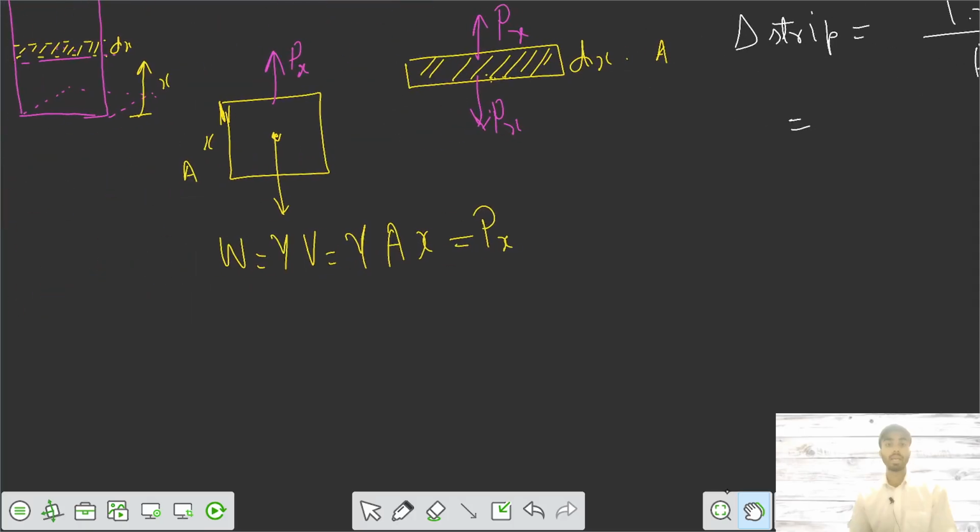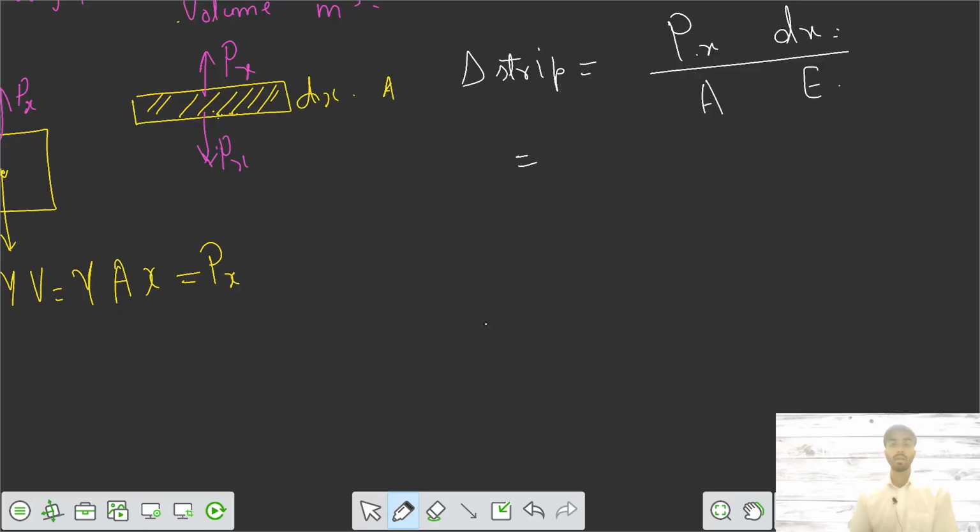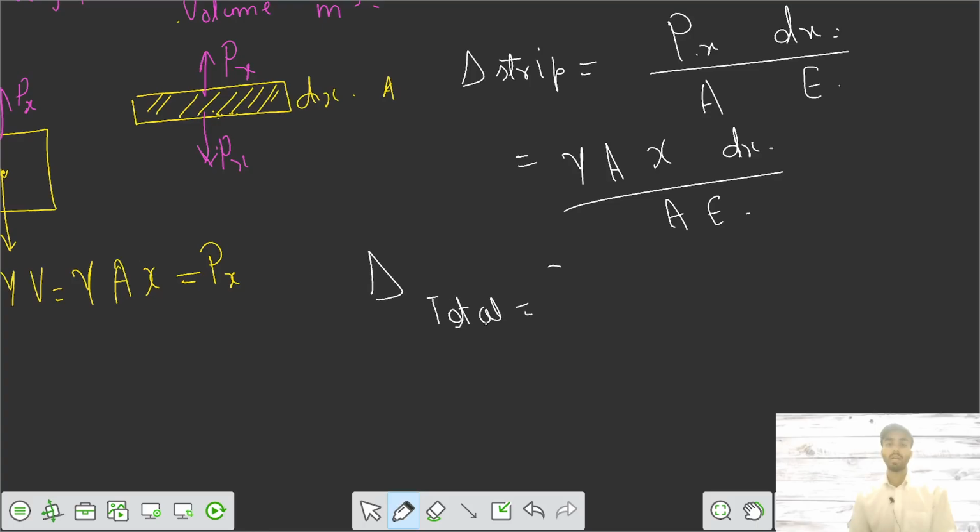P(x) equals gamma A x. So delta strip equals gamma A x dx upon A E. Now we will say delta total equals integration of delta of the strips.